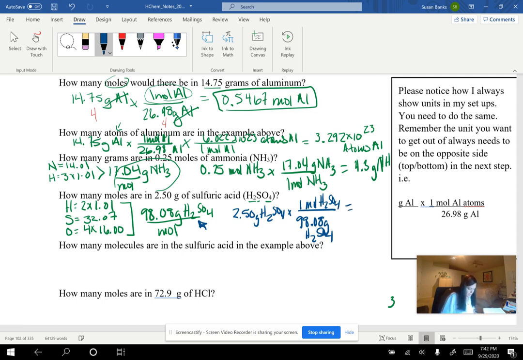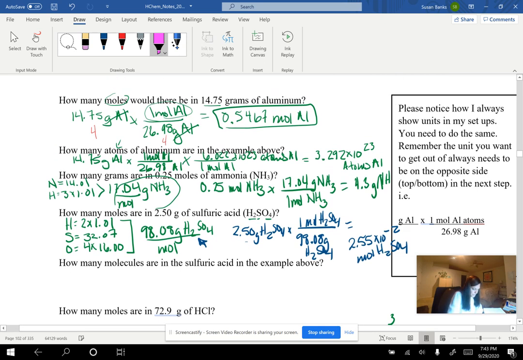And that's what I'm going to end up doing. Notice I have 3 sig figs here and I have 4 sig figs here. So with just 3 sig figs, this will give me 2.55 times 10 to the negative 2 moles of sulfuric acid.